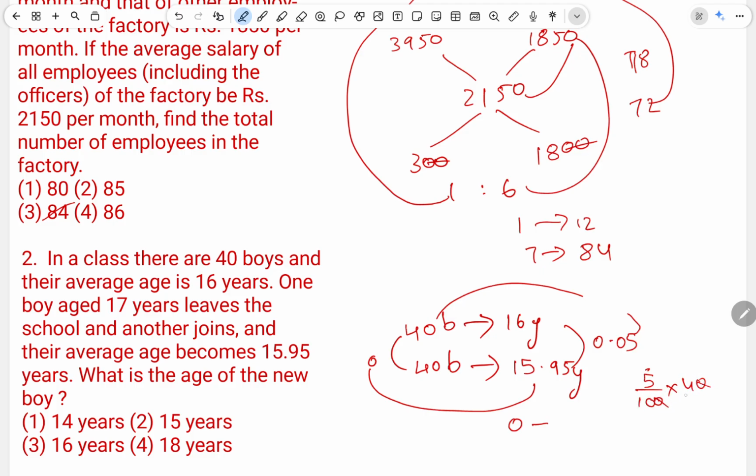A 0 got cancelled. 5 4s 20 by 10 is 2. So minus 2. From where? From 17 minus 2. This fellow left and a new person joined. The new person must be 2 less than this person. So 15 years.